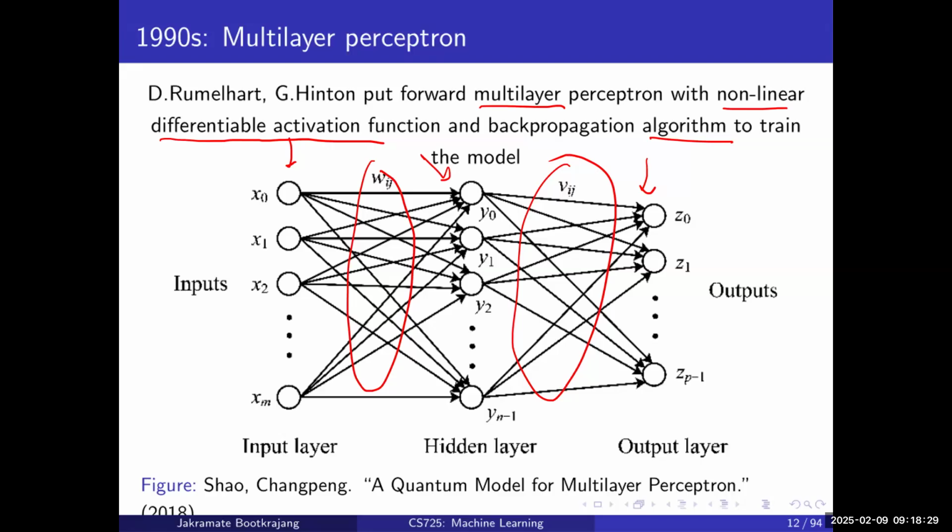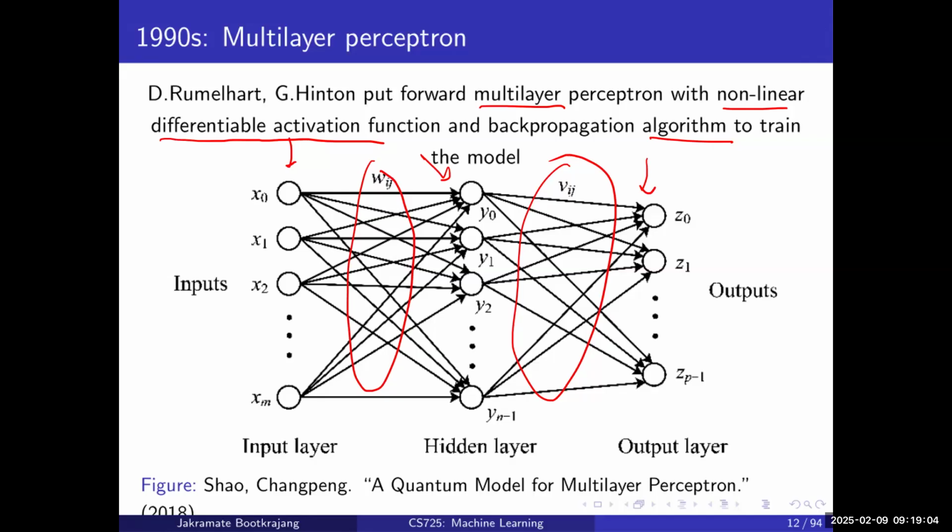And then you have to differentiate the loss function with respect to each of the variables or each of the weights, and you have to update that, right? So that is quite a task, but they actually use some trick to update all the weights very quickly. So this is quite revolutionary.